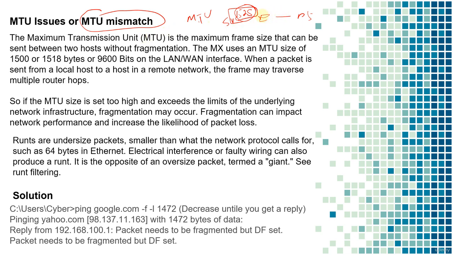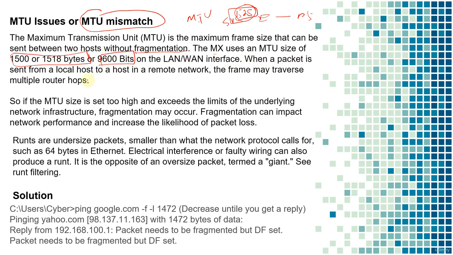So on many occasions, many devices have mismatch issues. The maximum transmission unit, MTU, is the maximum frame size that can be sent between two hosts without fragmentation. The MX uses an MTU size of 1500 or 1518 bytes, or 9600 bits, if you will, on the LAN WAN interface.